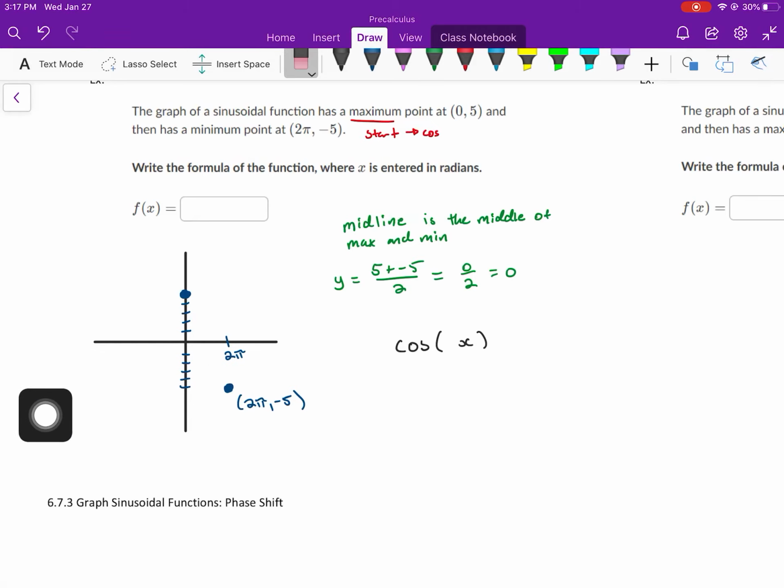Okay, what's our amplitude? Well, if our midline is right here at 0, then our amplitude is 1, 2, 3, 4, 5. It's the distance to the max from the midline, right? Now this 2 pi is half of our period, because this is half of the graph, right? So this is the first half. We just need the second half. So half of our period is 2 pi.